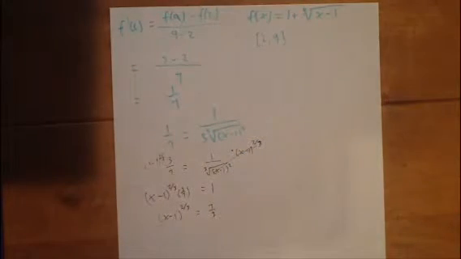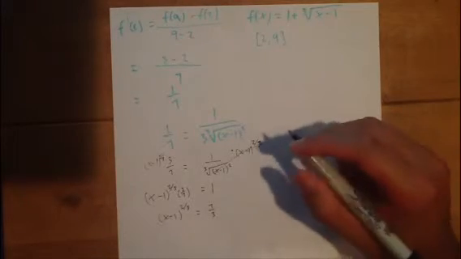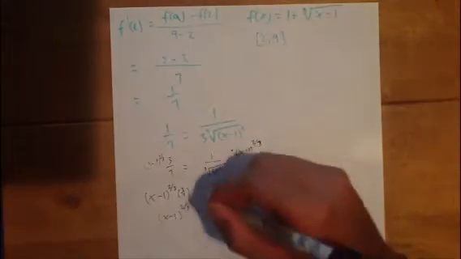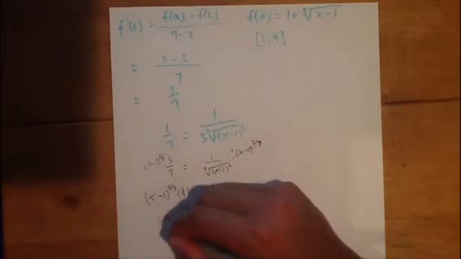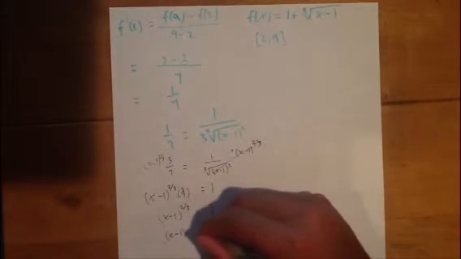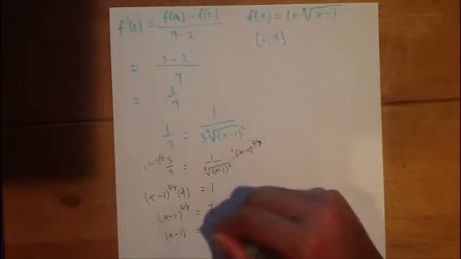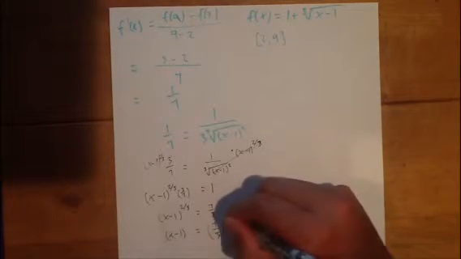And to get rid of that ugly 2/3 exponent, we can raise both sides to the 3/2 power. That gets rid of the exponent on the left side, so we just get x minus 1, and we get 7 over 3 to the 3/2 power.